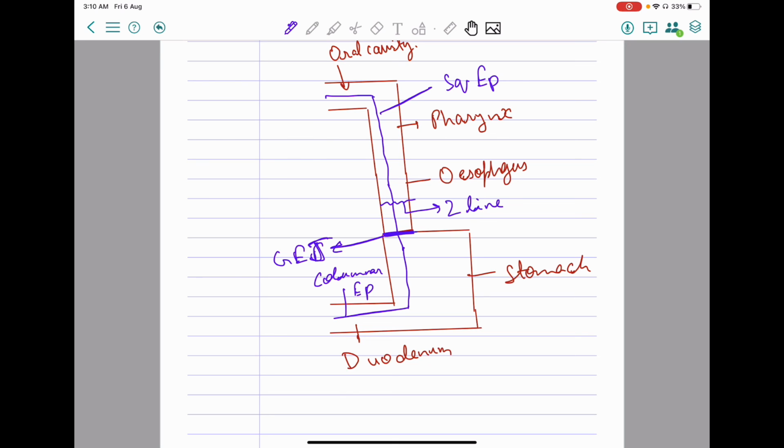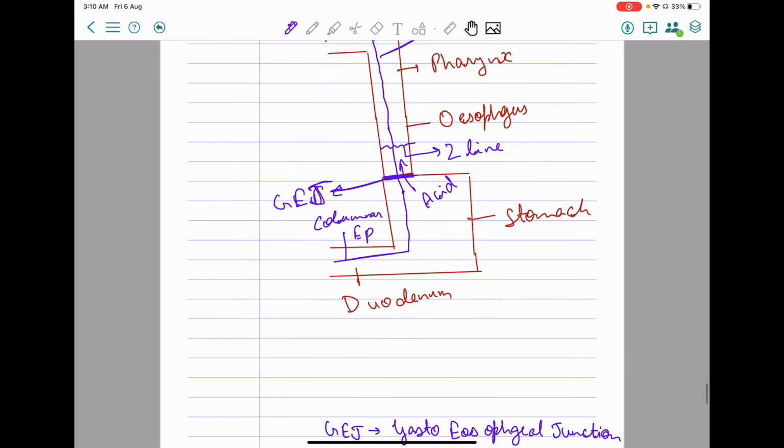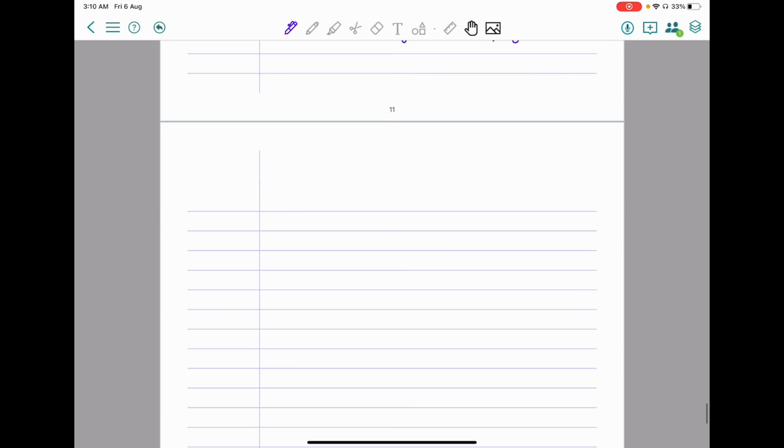So what happens when acid reflux is there? It burns the lining of the esophagus. And what is the esophagus made up of? It is made up of stratified squamous epithelium.